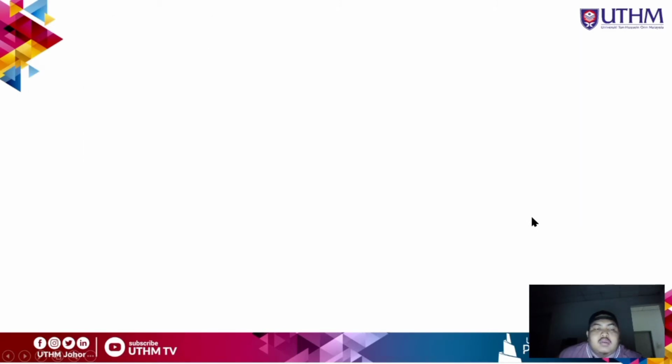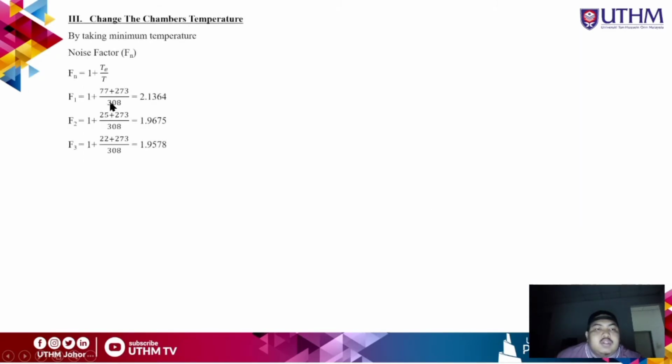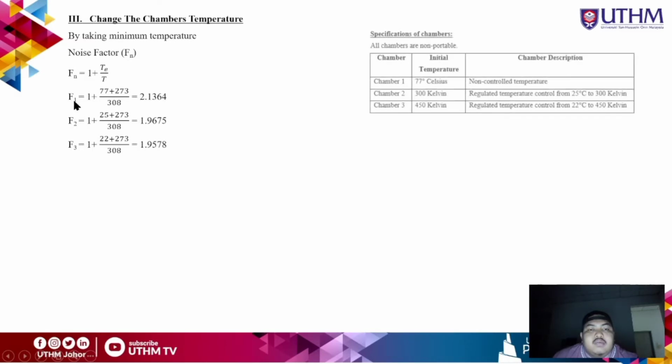Okay, next we move to the third method, in which we change the chamber's temperature. By taking the minimum temperature, we can calculate the noise factor. For chamber 1, the noise factor is the same as the initial temperature, but for chamber 2 and chamber 3, we use the minimum range of the temperature for each chamber, which is 25 and 22.